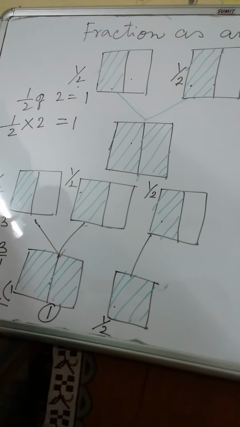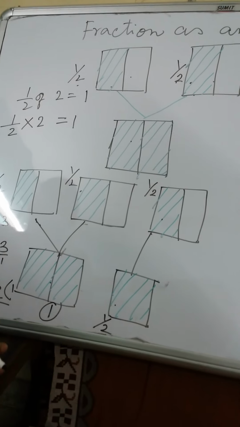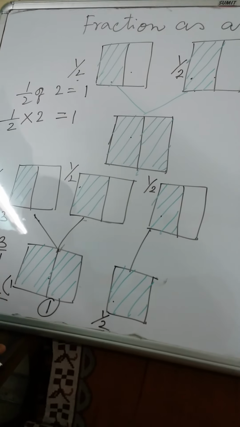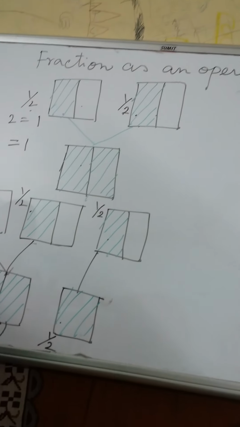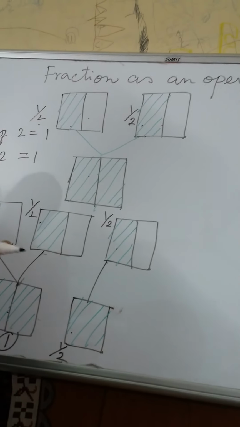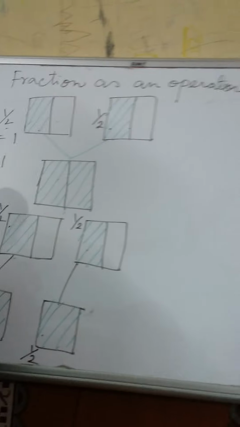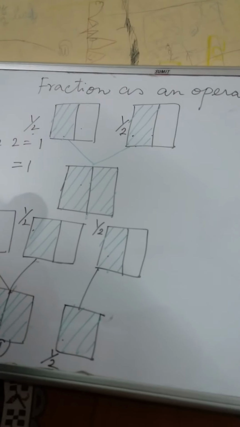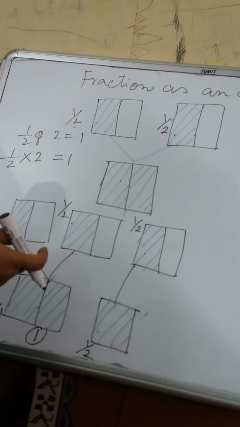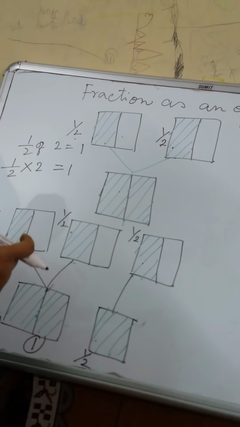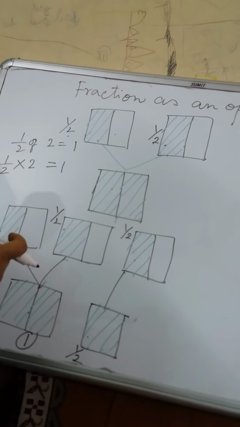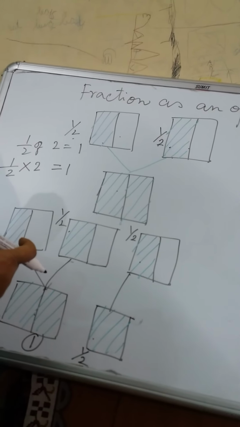Now, so far what have we discussed? We have discussed how to represent a fraction on a diagram, or how to interpret a fraction from a diagram. Next, multiplication of a whole by a fraction.